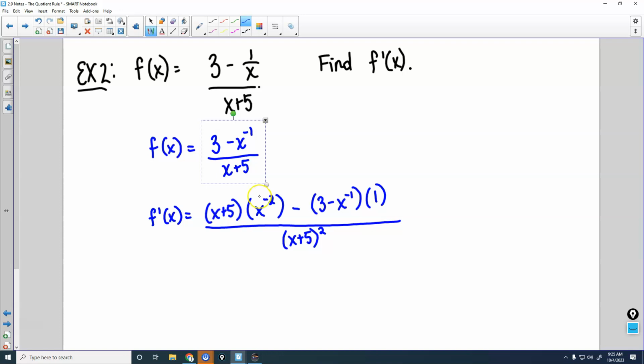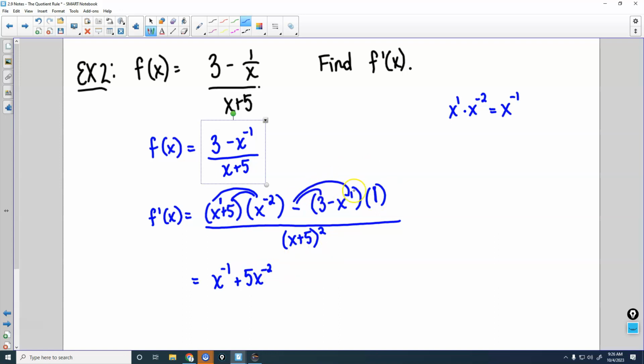So we are not going to factor out, we're going to distribute here so we can simplify. We will get x to the first power multiplying by x to the negative 2, so I'm doing x to the first times x to the negative 2. What does that give me? x to the negative 1. And then I'll have plus 5x to the negative 2. And then that 1 right there doesn't change anything.